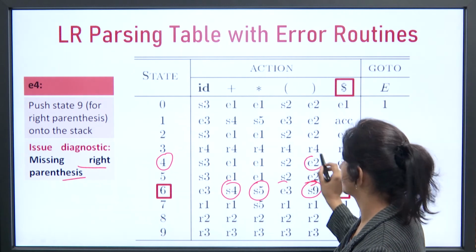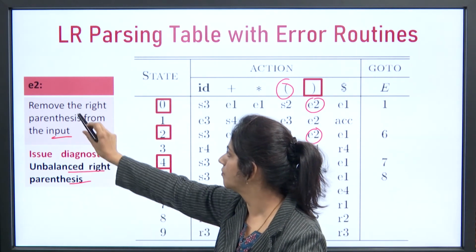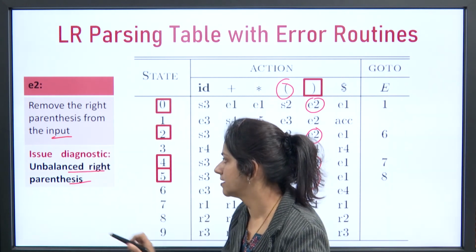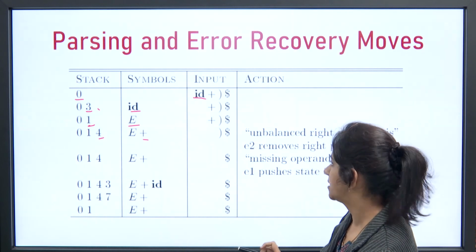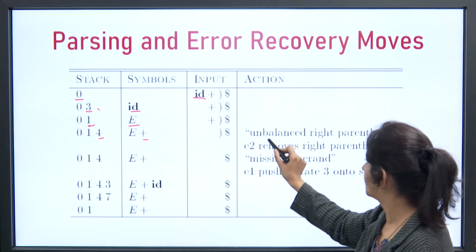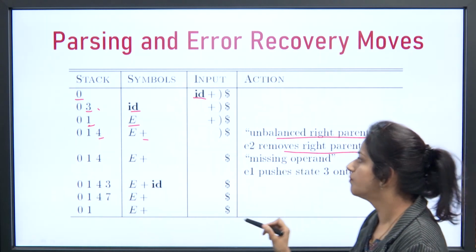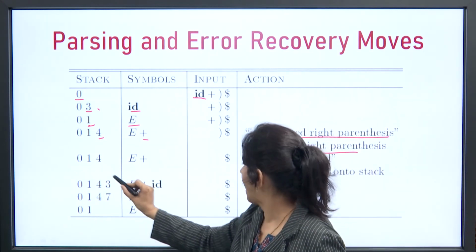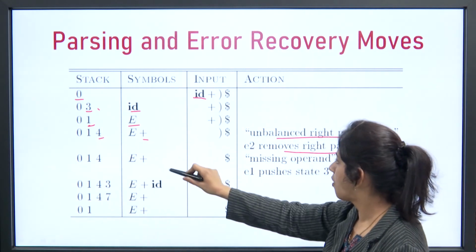Here we have E2, and in E2 we remove the right parenthesis, and the error diagnostic is unbalanced right parenthesis. So, here we will print that an unbalanced right parenthesis is there, and we will remove it. Now, we have plus and 4 and dollar.